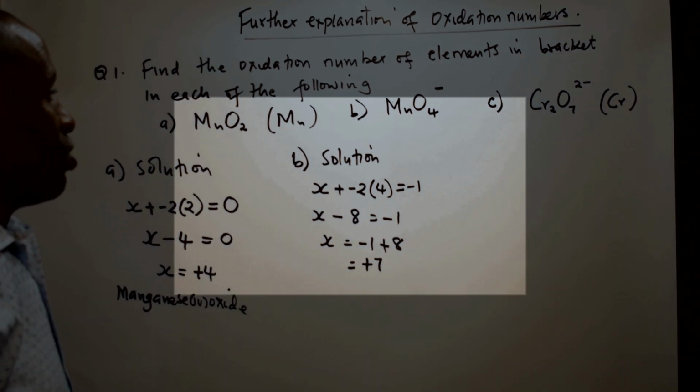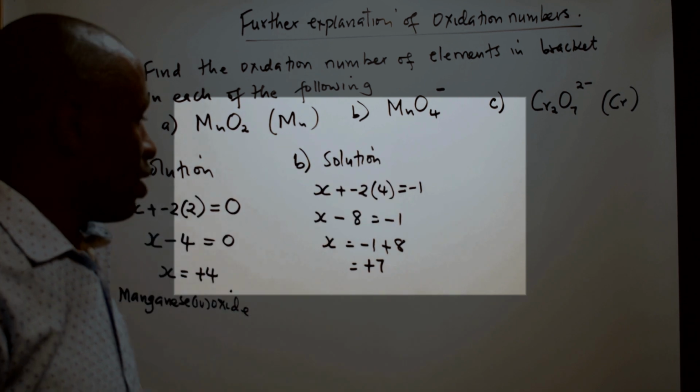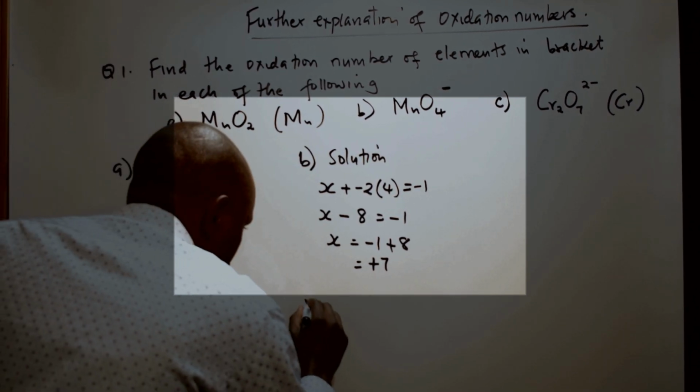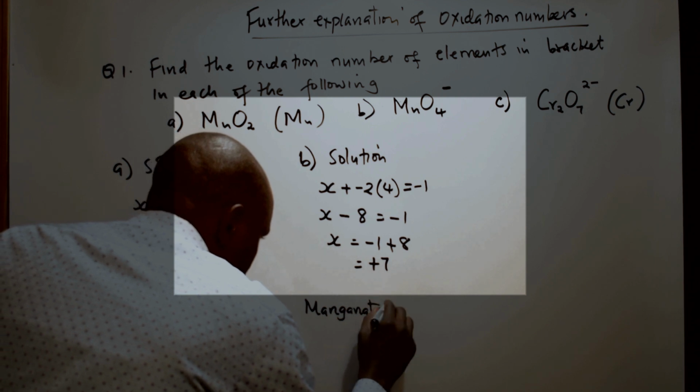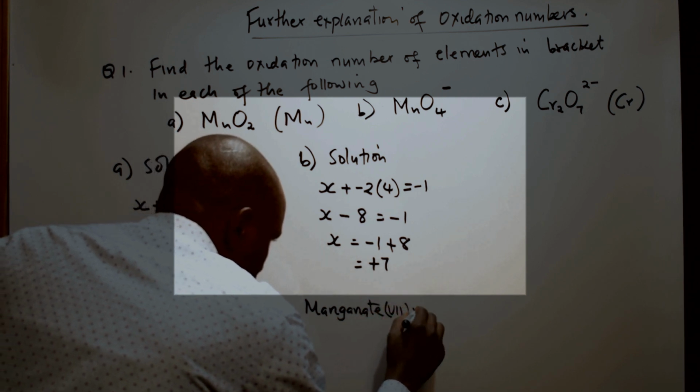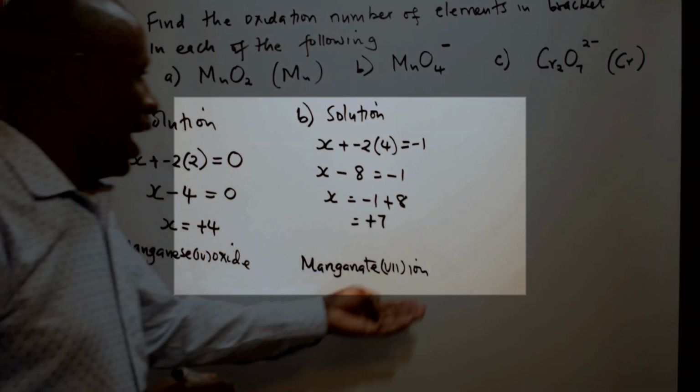And therefore we can call this ion manganate 7 ion.